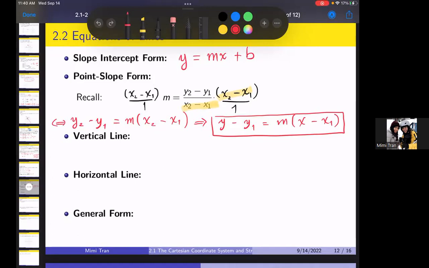Can someone tell me what is the equation of a vertical line? If you doubt, draw it out. The graph of a vertical line looks like this, right? It's going to be x equals or y equals?